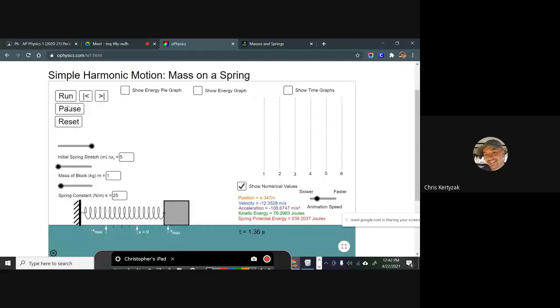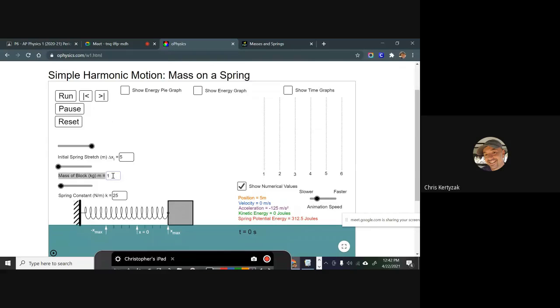Or you can keep K the same, and now just change the mass. Again, I could make this much less, like 0.2 kilograms. Try again. Oh, 1 is the minimum.